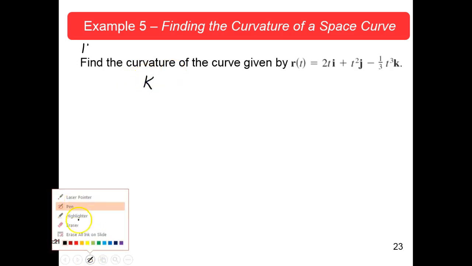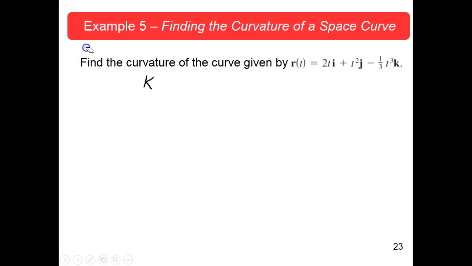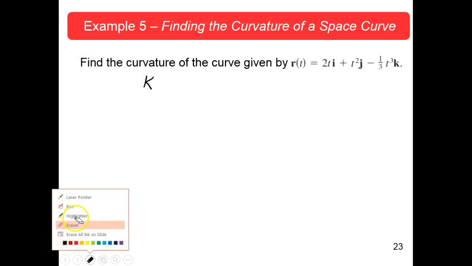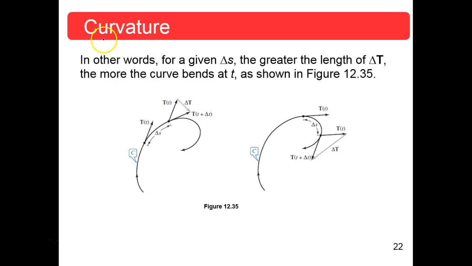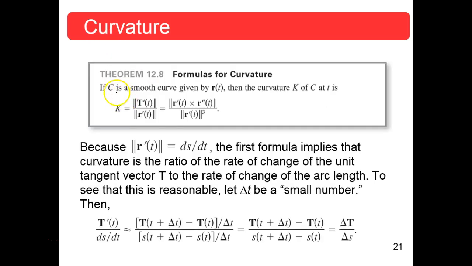This book calls it capital K. Whatever you want to call it, I don't care. What is its definition? You can go for the intermediate one, but really the easiest one to calculate is that one. The magnitude of R prime of t cross R double prime of t, divided by the magnitude of R prime of t cubed.